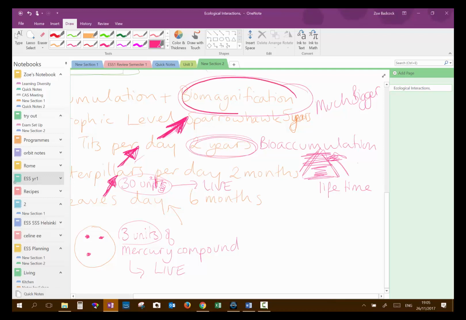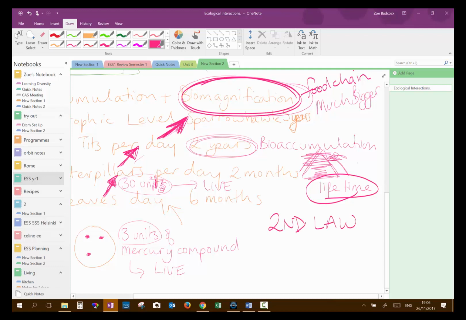And that's biomagnification. So we've got bioaccumulation within the lifetime, and we've got biomagnification along the food chain. And this as well is due to the second law. Remember the second law of thermodynamics.